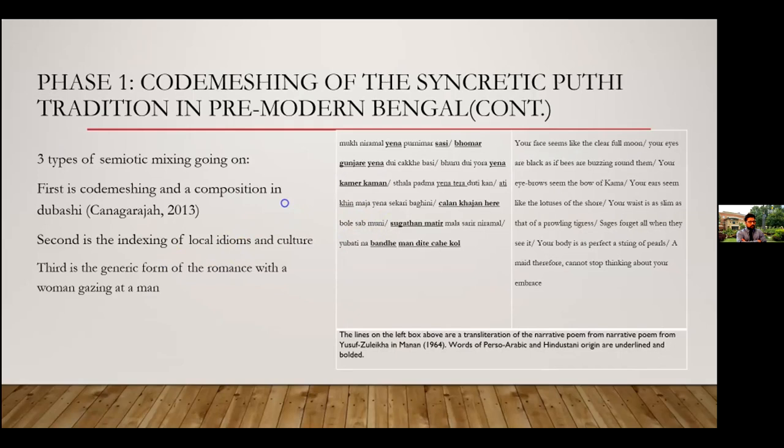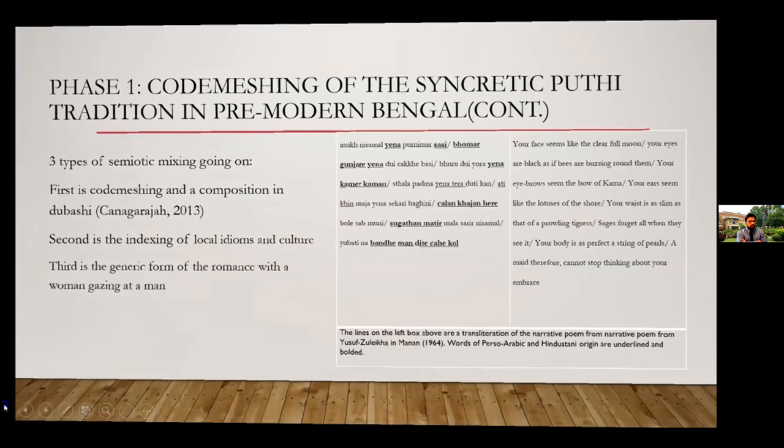I might be wrong, but it seems that that is not a very common trope. But it is a very common trope in Hindu epics, where male figures were aestheticized and shown as objects of desire by women protagonists.